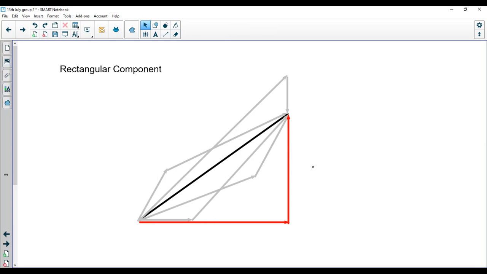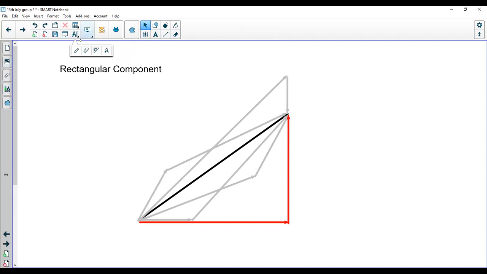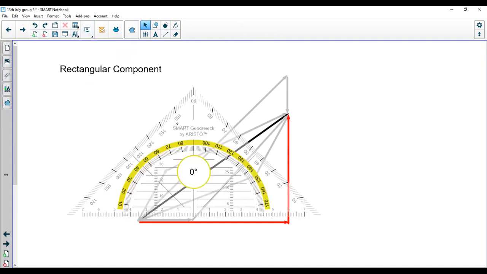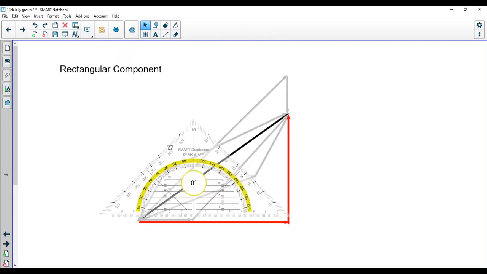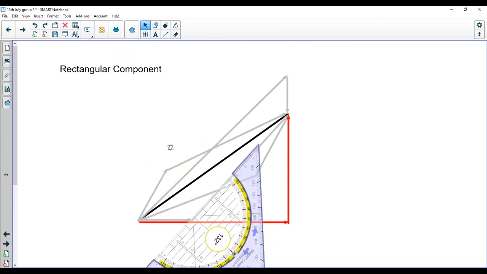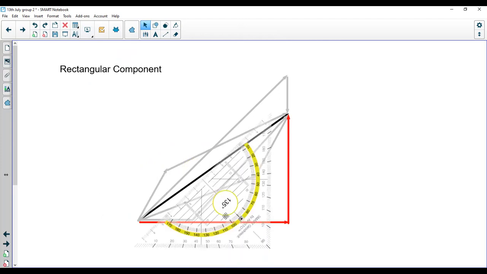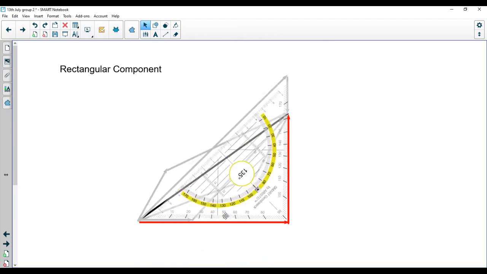But remember, not only these two are the rectangular components. We can prove it by showing it with the help of a set square. So you can see that the two vectors which we have drawn are at right angle to each other.